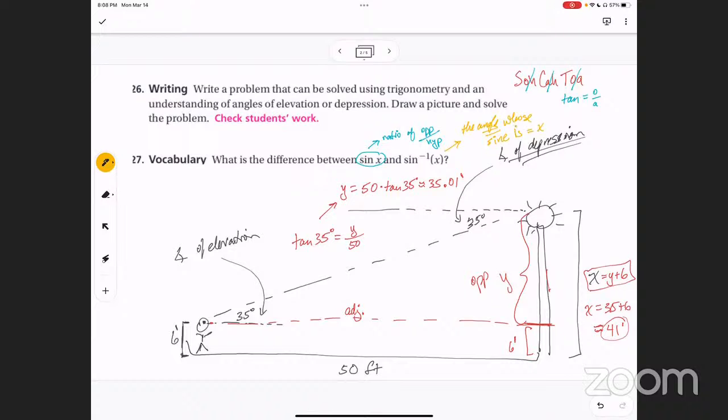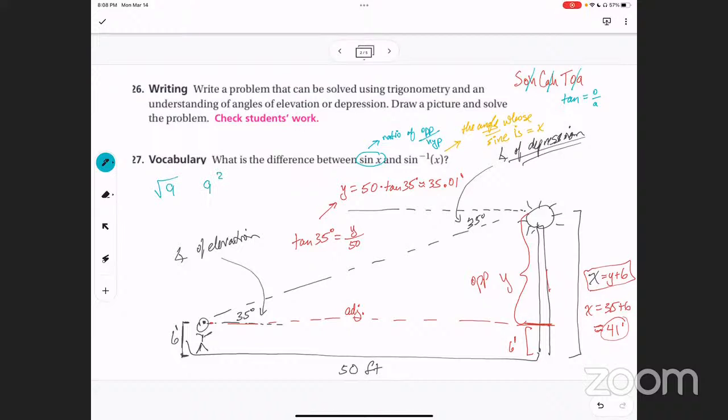Do you see the difference between those? Yeah. So it's like they're the inverses of each other. Right. It's like saying, what's the difference between the square root of 9 and 9 squared?